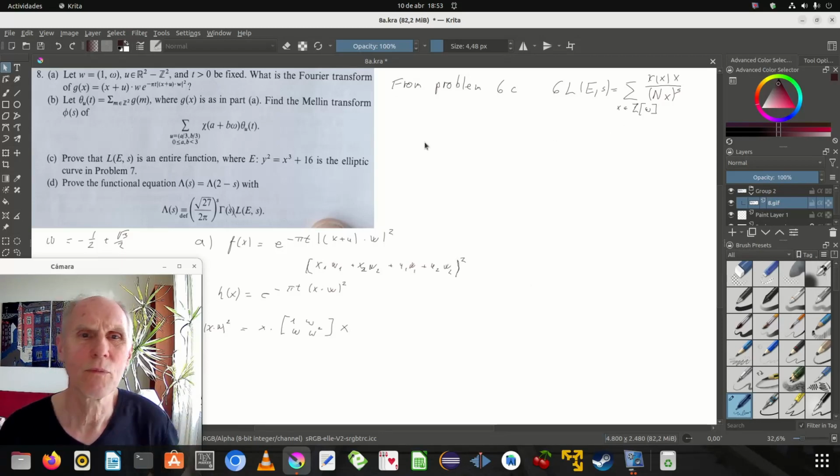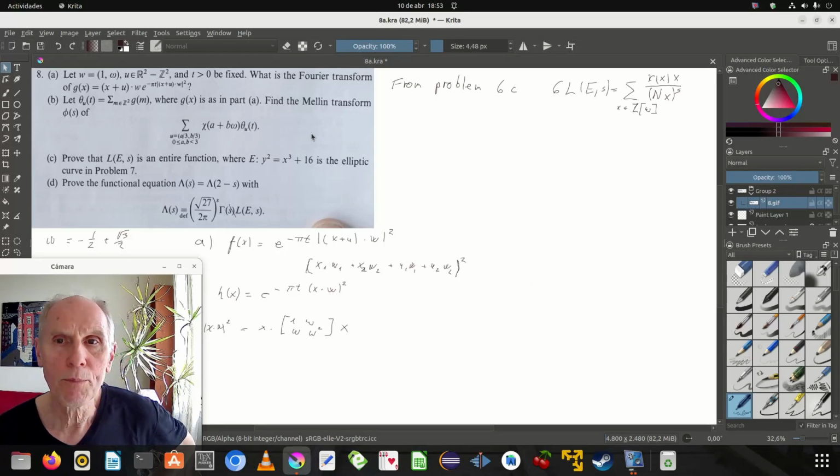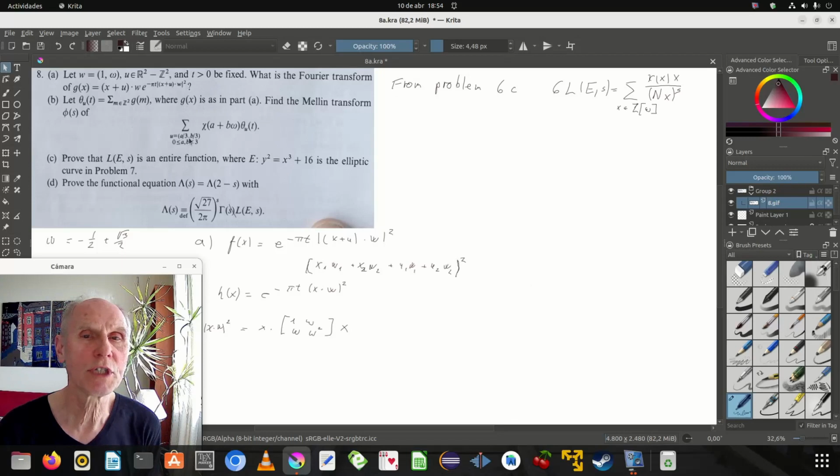So I think we should accept that there is a typing error, and I think it should be the norm of x plus u squared. But I decided to reverse engineer the problem first.